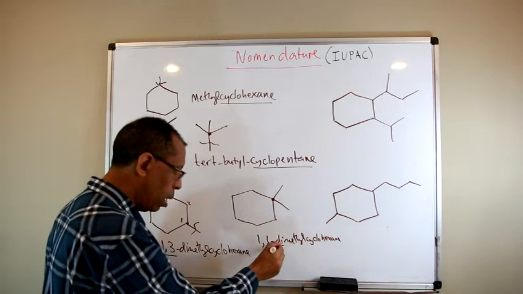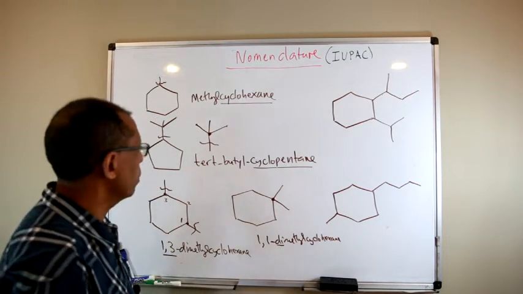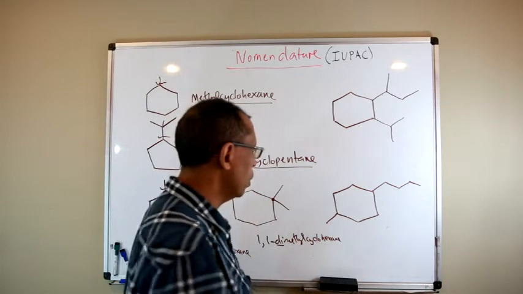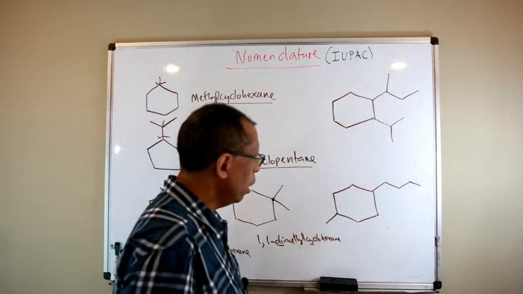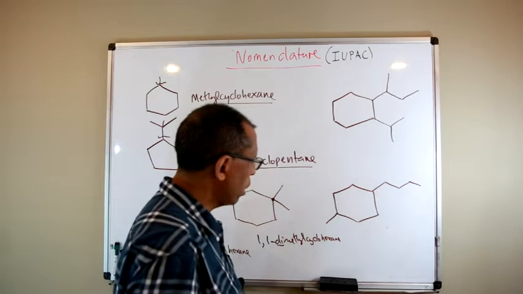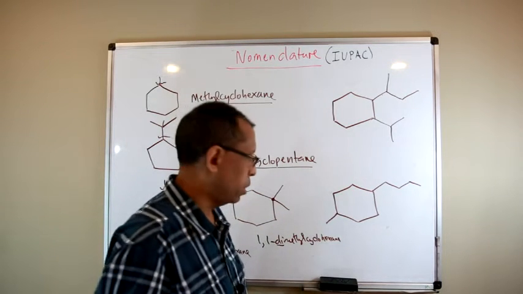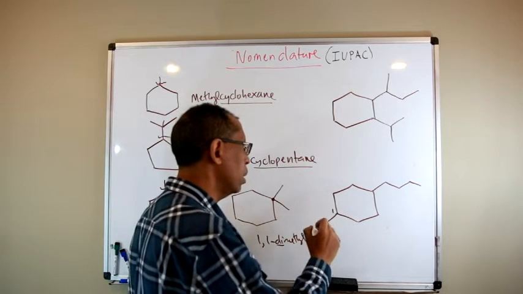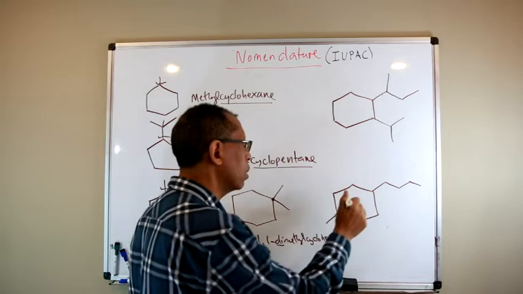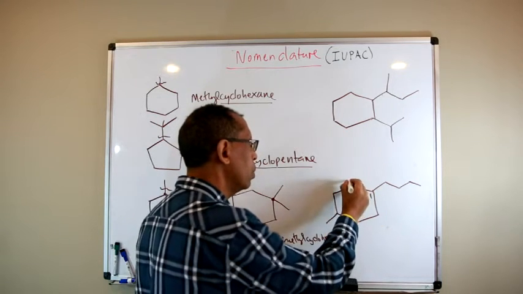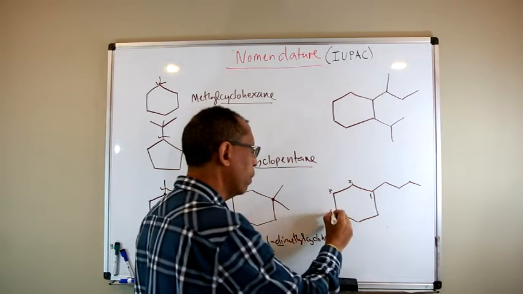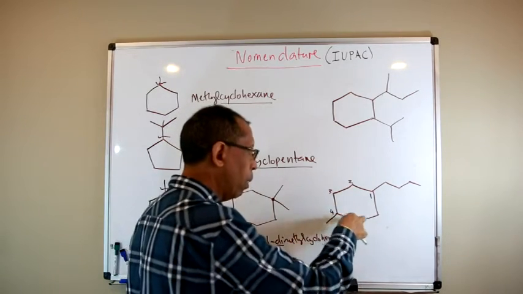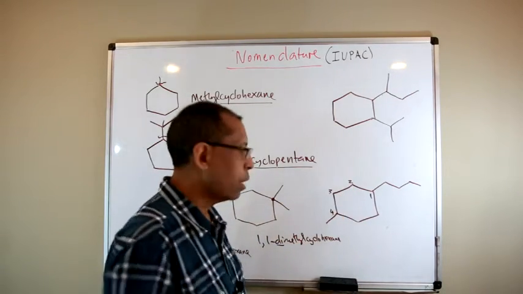Okay. Coming to this one, if you just look at this compound, you have substituents at 1 and 4 position. If you just count here, let's say this is 1 position, 2, 3, 4. In this case, whether you go that way or this way, they are the same.